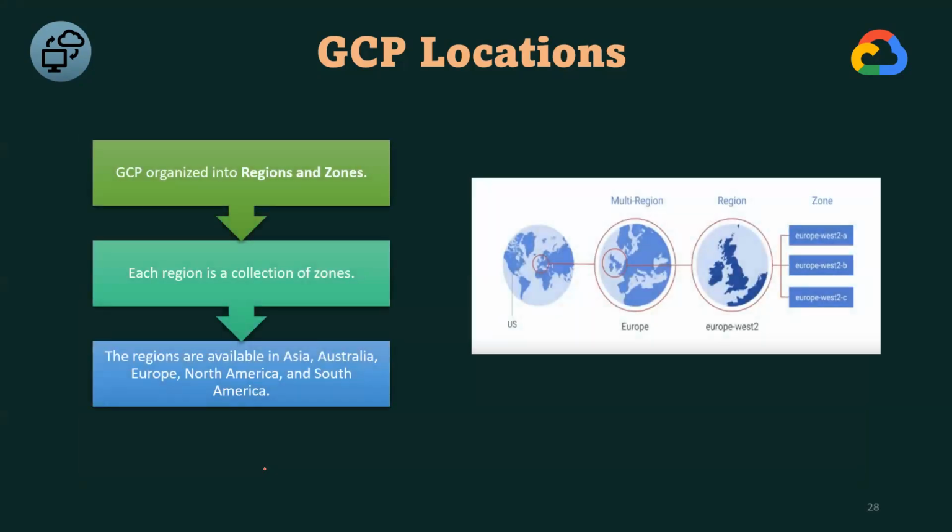GCP's infrastructure is organized into regions and zones. Each region is a collection of zones, and the regions are available in Asia, Australia, Europe, North America, and South America. I just want you to think like this: if this is our globe, and we have some location US, some location Europe.